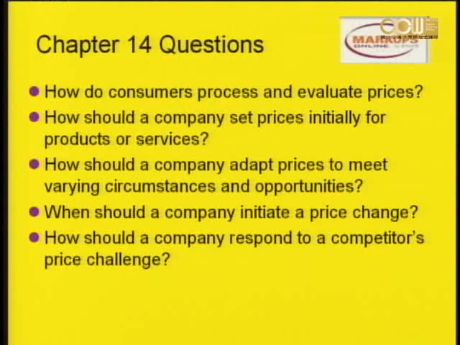How can you adapt price to meet circumstance and opportunity? Yes, that's opportunity right now. And interestingly, in this game one, you had some opportunity out there and some threat out there, but you did not take care of that, unfortunately. How should the company initiate price change? Yes, you have to do that next period and think about what you can do. How should the company respond to the competitors' price challenge? That's the question there. Everything is here, so read carefully.